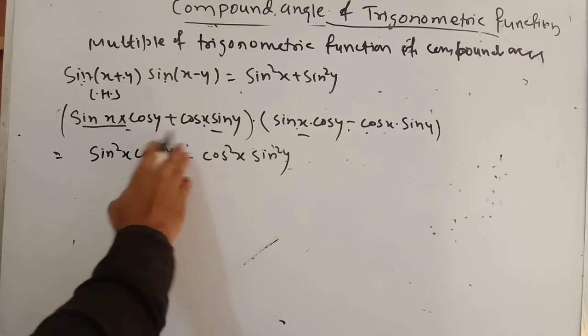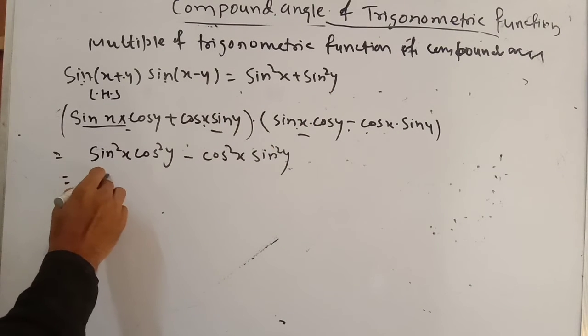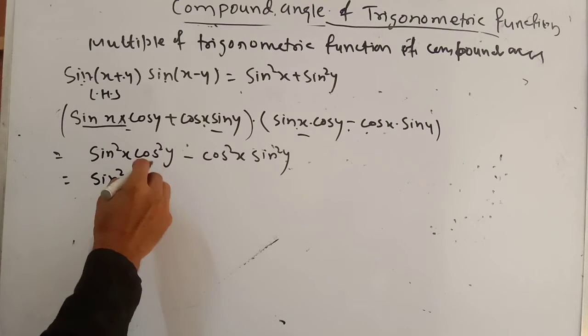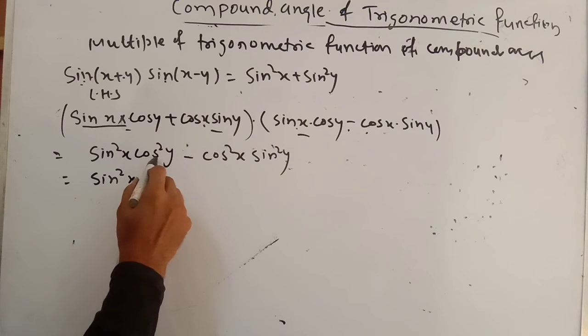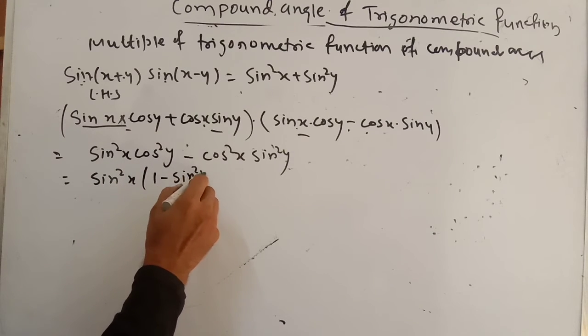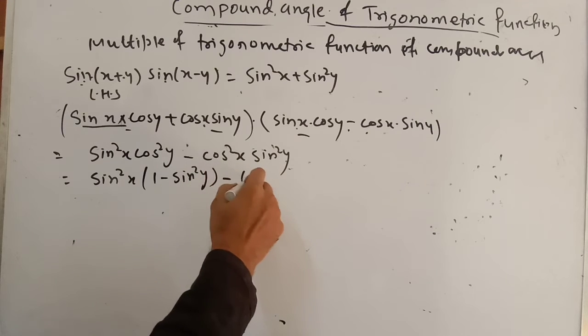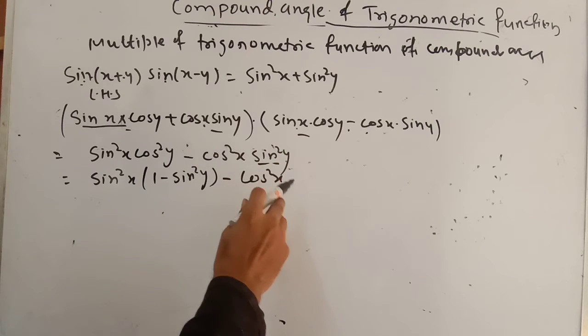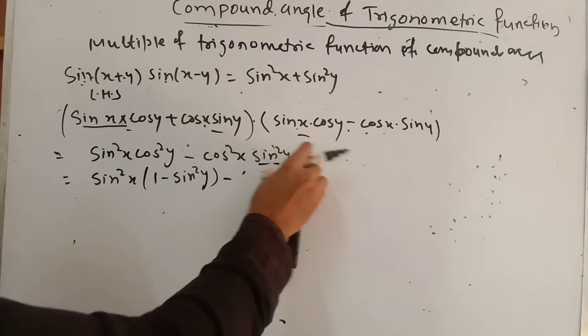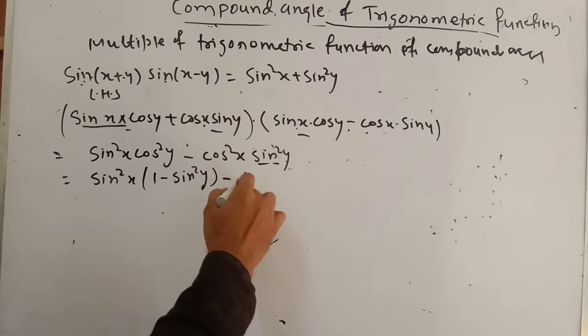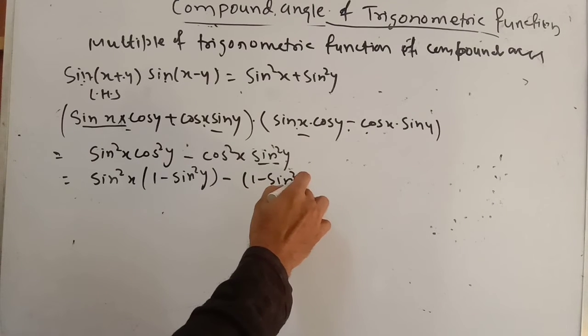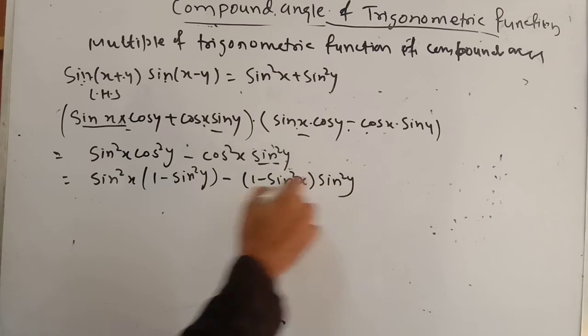Now we are going to convert this into a single form, the sine. So first convert all cos into sin. This cos²y we convert to 1 minus sin²y. Similarly, cos²x we convert to 1 minus sin²x.